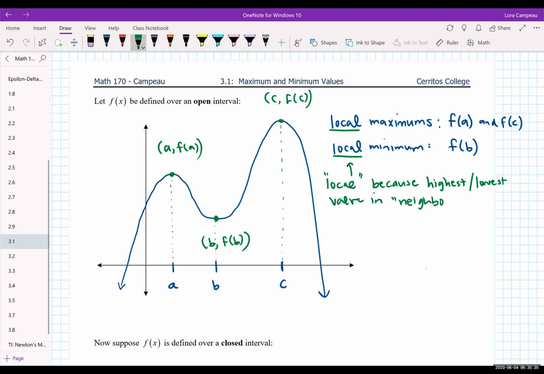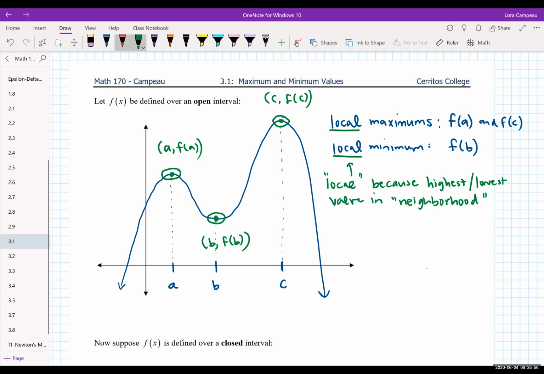You may take a few math classes later and they have a fancier way to describe neighborhood. Actually, it's commonly used in math, but for our purposes, we're just going to look at what's happening really close to these values. So that's what we mean by neighborhood.